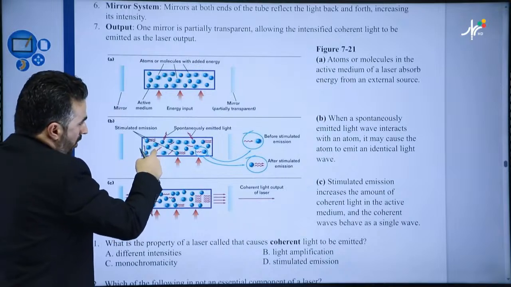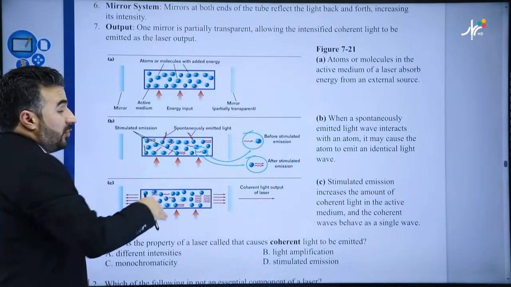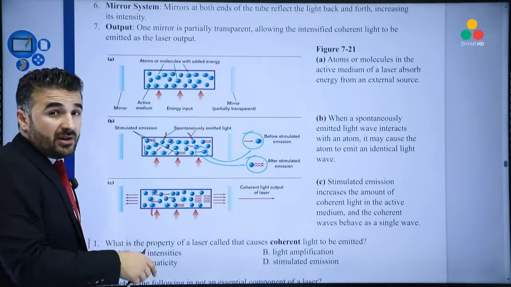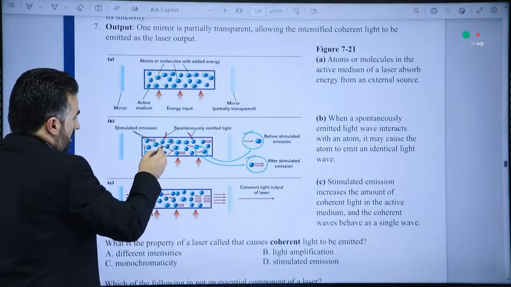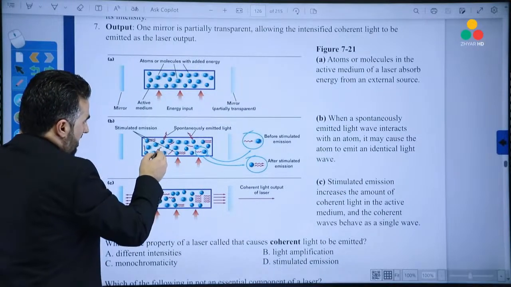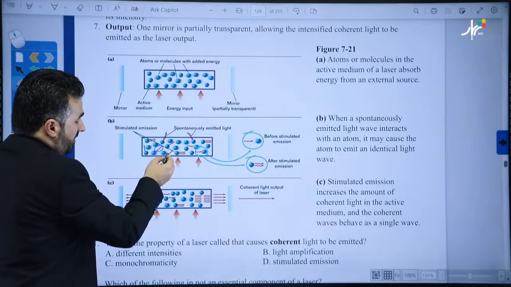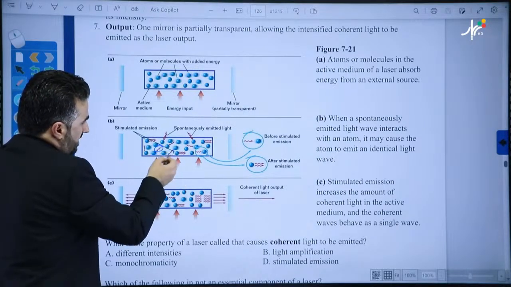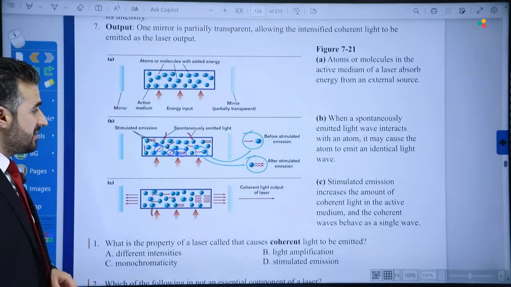You can see here one electromagnetic radiation. After they go to an excited atom, they come back to the same energy level, so they release energy, as you can see. This released energy is going to encounter one of the atoms or electrons here. Then one becomes two.